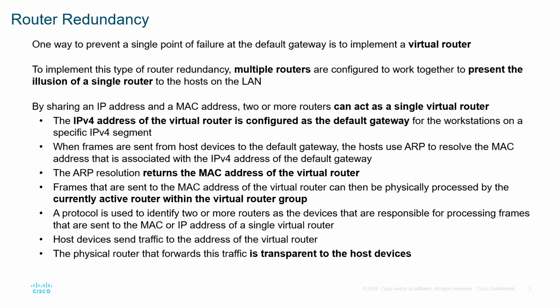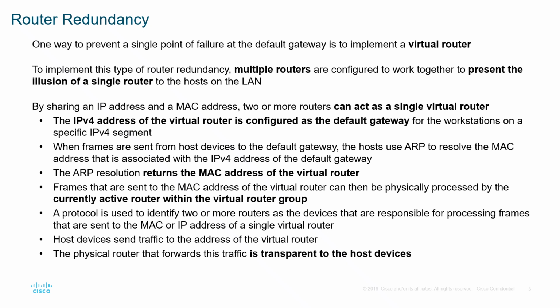A protocol is used to identify two or more routers as the devices that are responsible for processing those frames. Your physical routers are still going to do their physical capabilities. The thing that your router is there to do is to route your packets from source to destination. Those parameters don't go away.